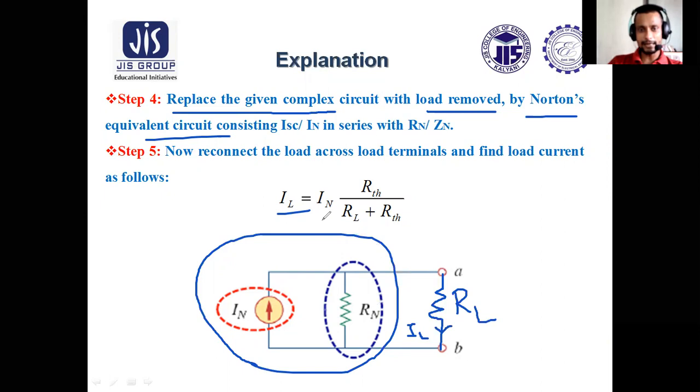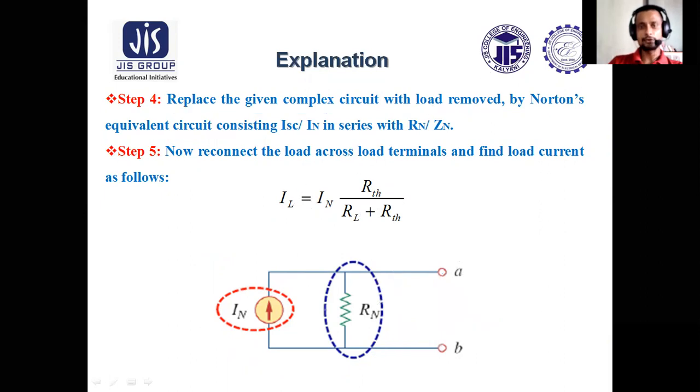So total current IN multiplied by, we are finding current through RL, so which one is the opposite resistance, RN or RTH? Divided by RL plus RTH. So this is how you can find current through load resistance using Norton's theorem.